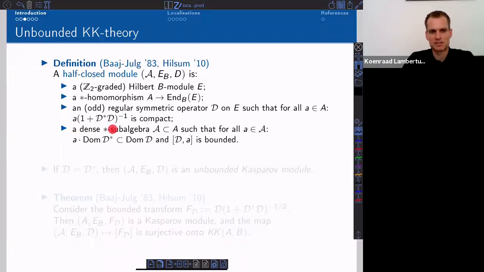The second main assumption is the existence of a nice dense subalgebra, which we can think of as the smooth subalgebra. First of all, this algebra has to preserve the domain of D. What we assume now is something slightly stronger: it also maps the domain of the adjoint of D, which is bigger than the domain of D, into the domain of D. And then importantly, the commutator of D with these elements is assumed to be bounded.